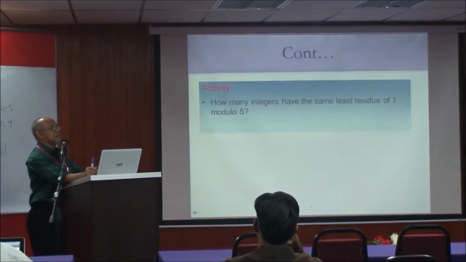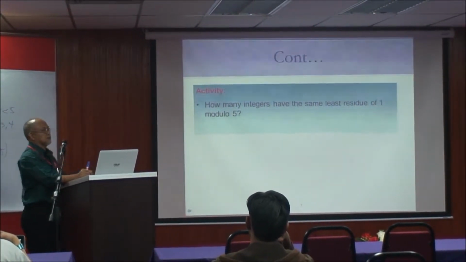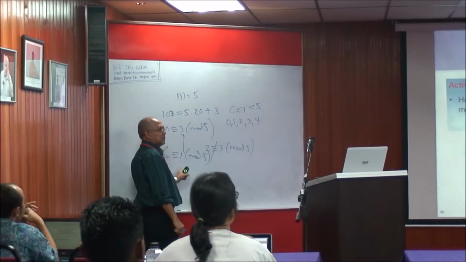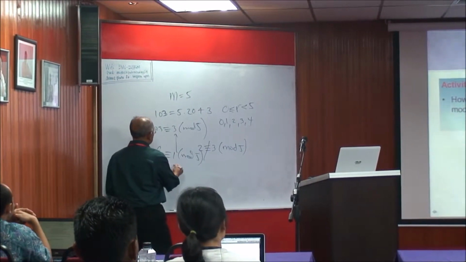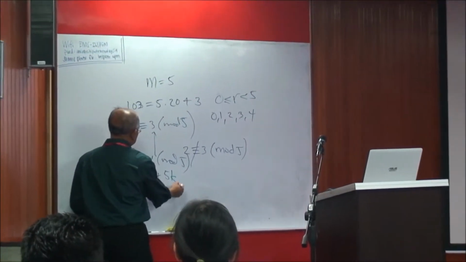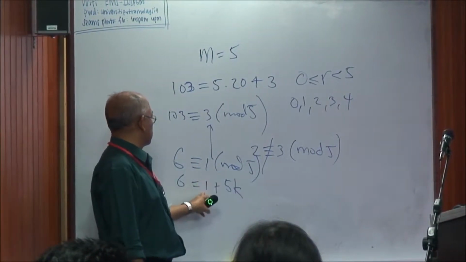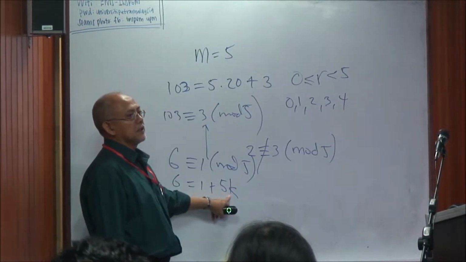So 6 is one of them. And then some other integers would be, write it as 6 equal to 1 plus 5k, for some k. So we can actually generate all those integers by substituting k with an integer here, right?